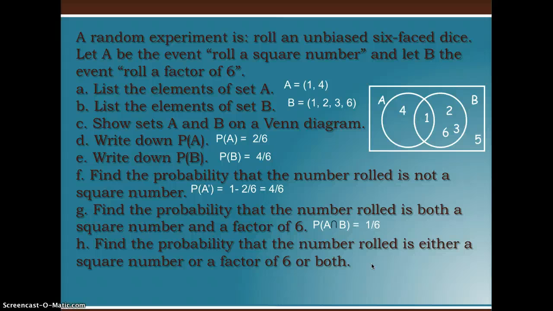So you will have your math notation as probability of A union B, because you want all the elements in set A and also elements of set B. So if you count those elements, you have 1, 2, 3, 4, 5 elements over the total number of elements in your universal set, which is 6.